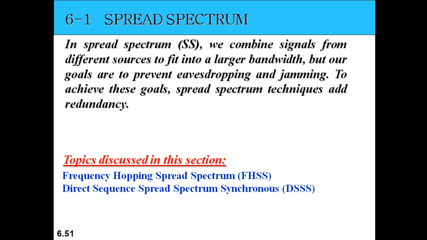The second one is that the expanding of the original bandwidth B to a bandwidth B_SS must be done by a process that is independent of the original signal, in the sense that the spreading process occurs after the signal is generated by the source.